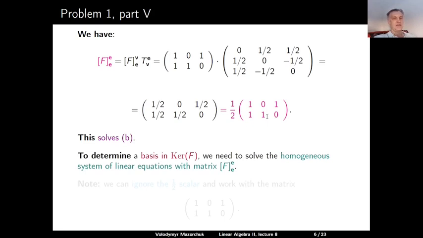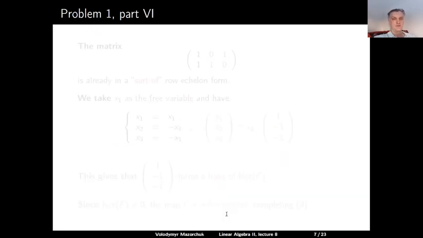To determine a basis in the kernel of F, we need to solve the homogeneous system of linear equations whose matrix is exactly the matrix of F in the standard basis. Of course, we can ignore the 1/2 multiple, so we need to solve the homogeneous system whose matrix is the matrix 1, 0, 1, 1, 1, 0.